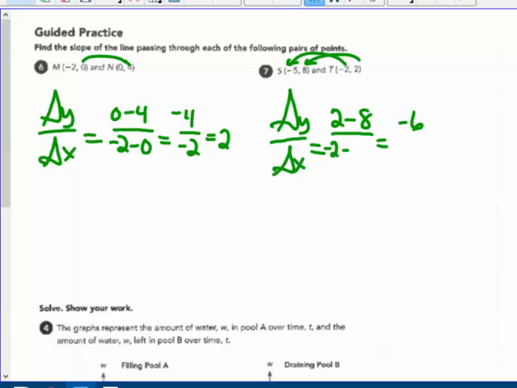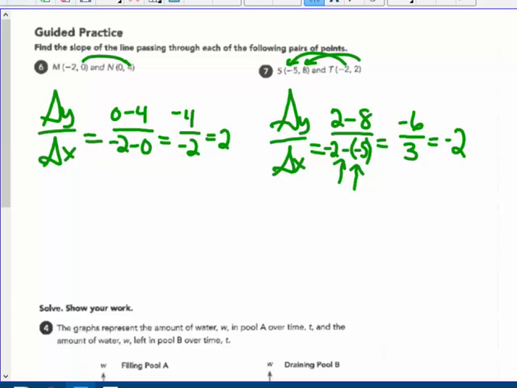Negative 2 minus negative 5, that's positive 5. Negative 2 and positive 5 gives me positive 3. This slope is negative 2, when I simplify it. Be very careful. Don't try to squish your work here. Make sure that you're putting the negative and negative in. See, I almost made a mistake there.